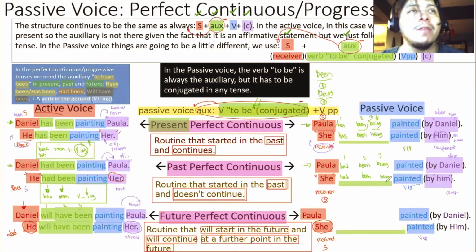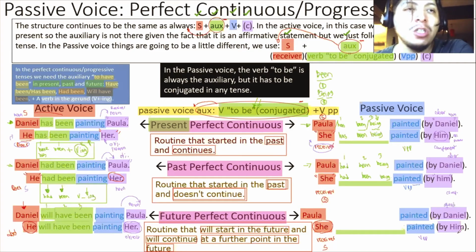When you have a verb in the passive voice, it is always in the past participle. Finally, the final thing that we need is a complement, and well, we don't really need it. This is optional. Again, we can add a complement of time, a complement of place, a complement of way, or an agent.